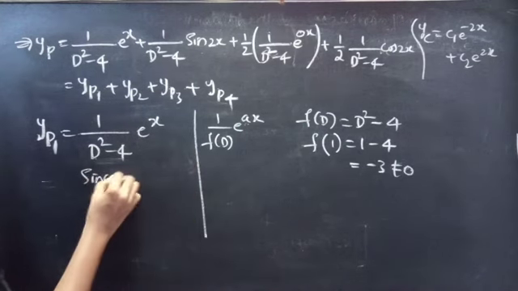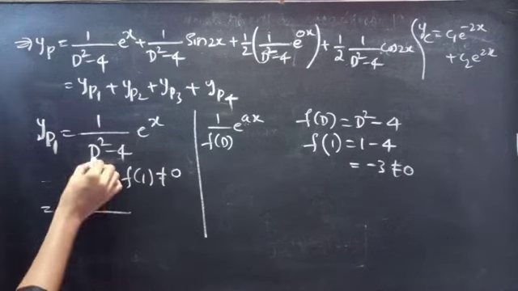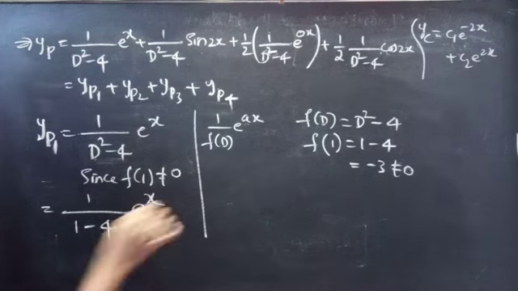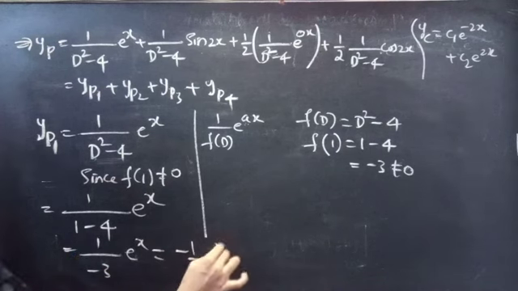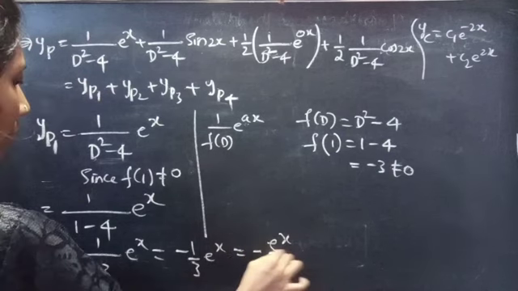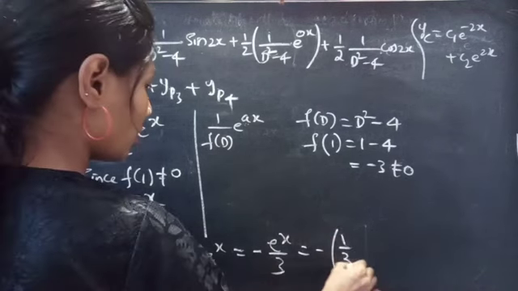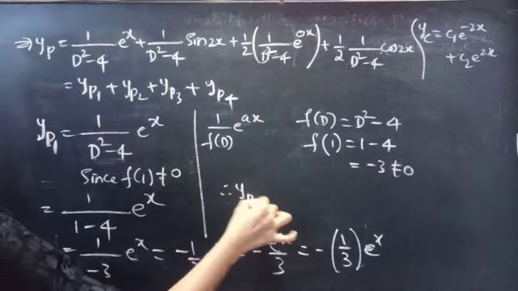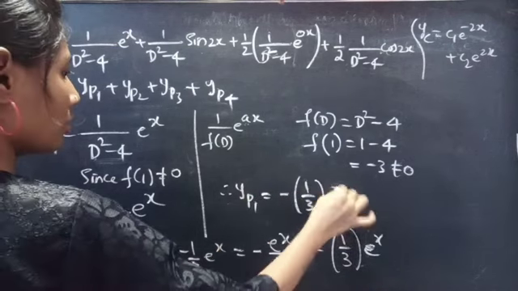Since f of 1 is non-zero, we can just replace D by 1. It equals 1 by minus 3 into e power x, which equals minus 1 by 3 into e power x, or minus e power x by 3. Therefore, yp1 equals minus 1 by 3 into e power x.